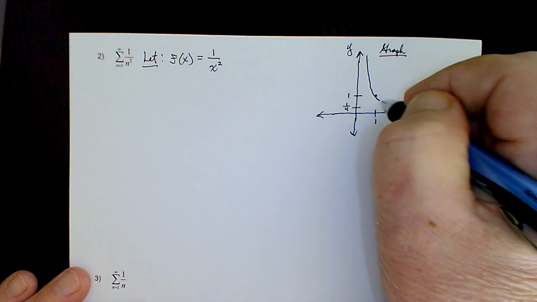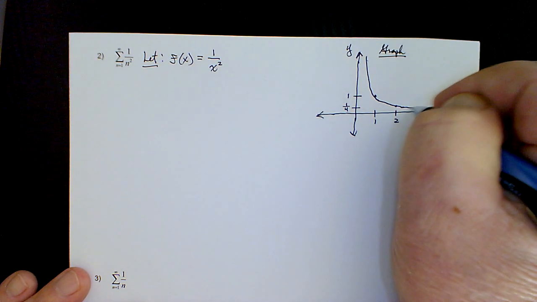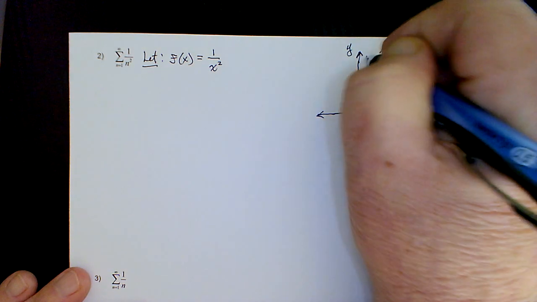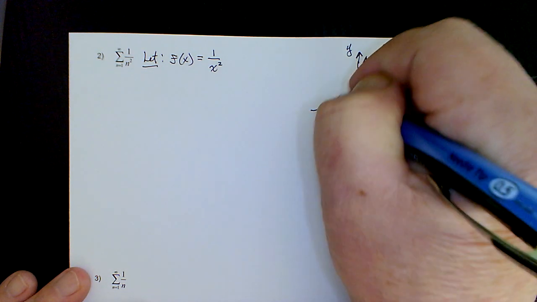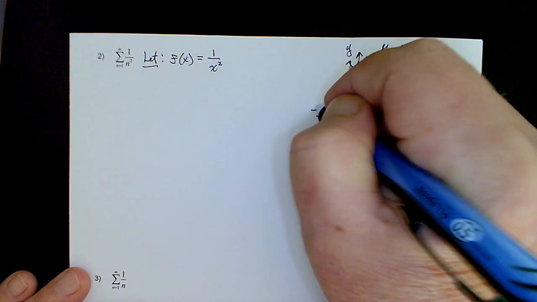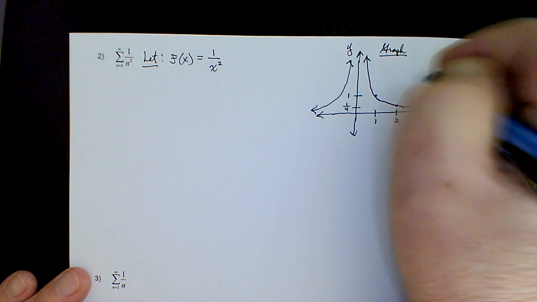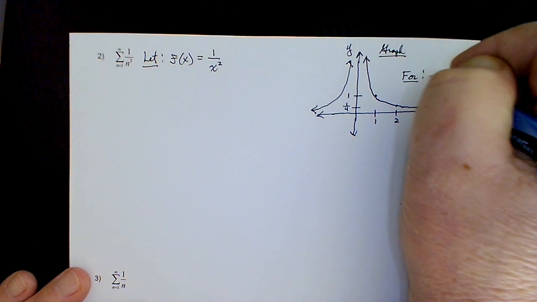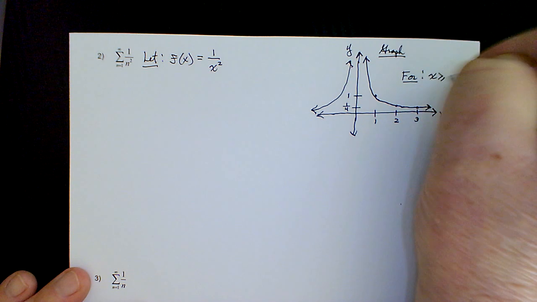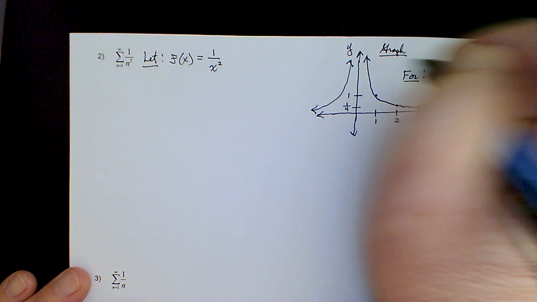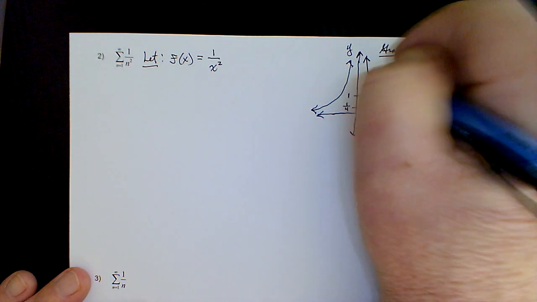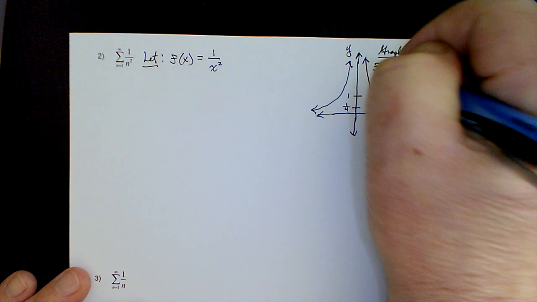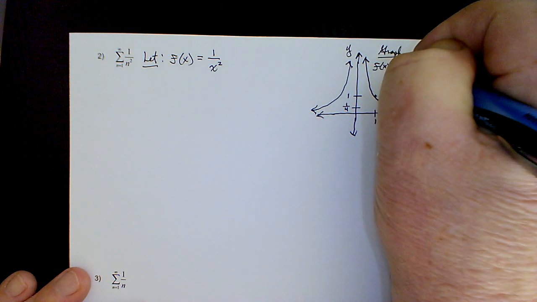It looks like 1 over x, but instead of the first and third quadrants, it's in the first and second. But we are really not concerned about the second quadrant, because we're only concerned with values of x that are greater than or equal to 1. Okay, so this is the graph of f of x equals 1 over x squared.